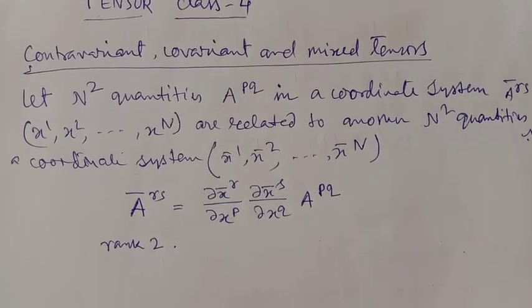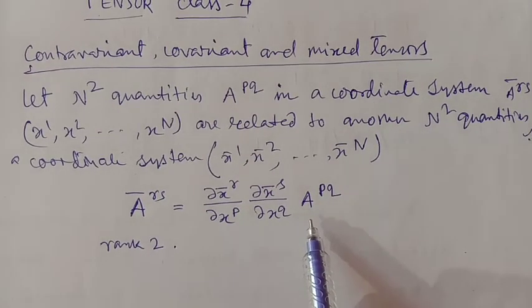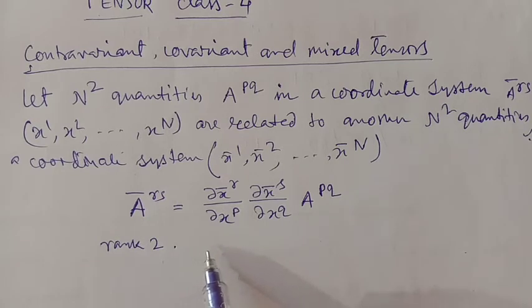Or in other words, A^{pq} are the contravariant components of a tensor of rank 2.